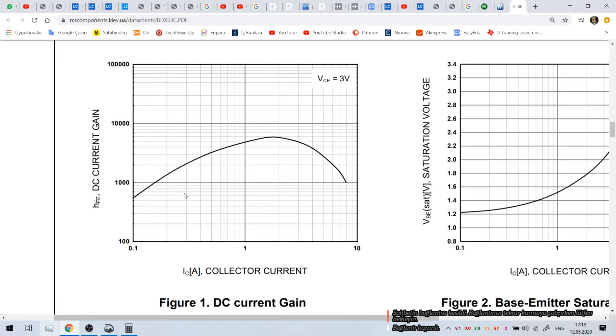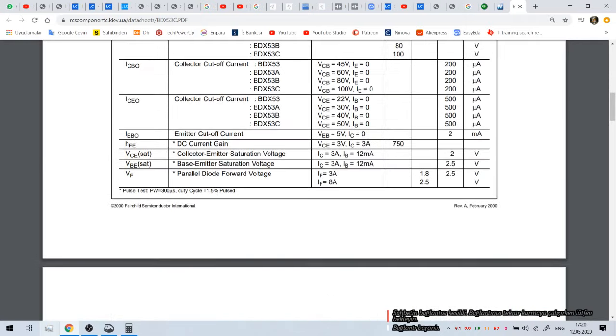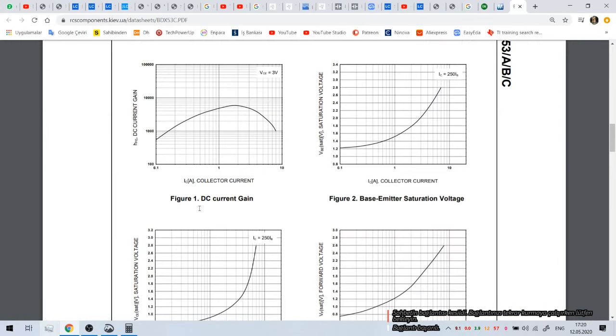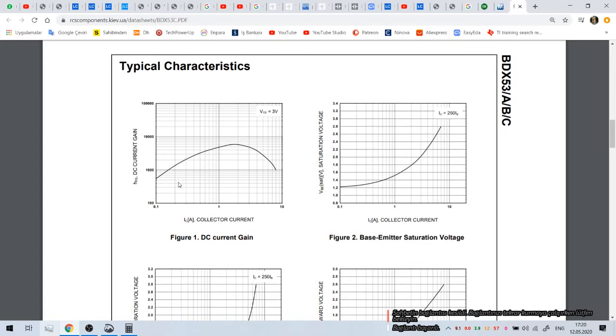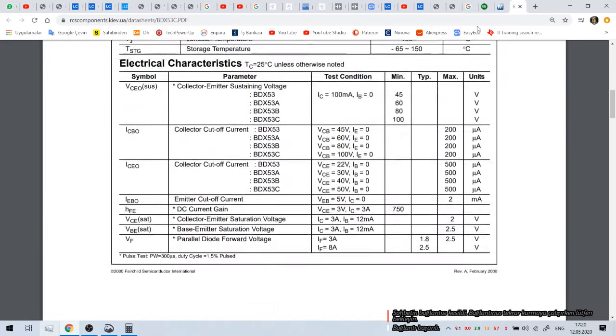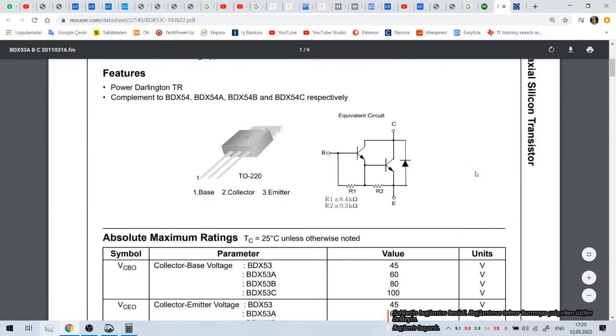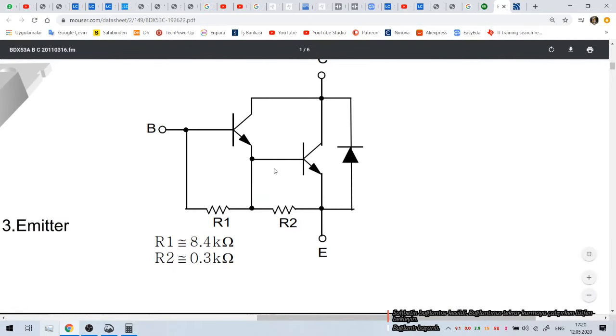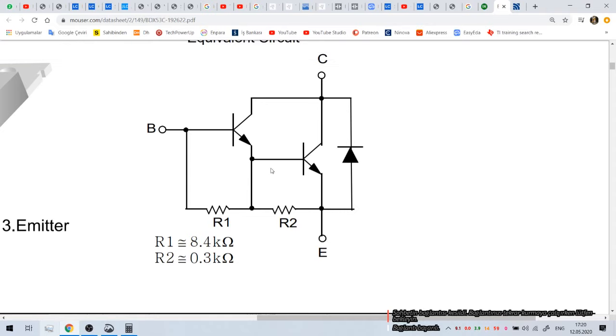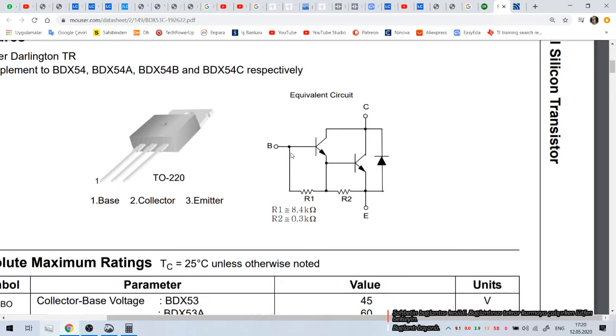And if temperature increases, this diode voltage drop, the base emitter voltage of the NPN BJT, will decrease.